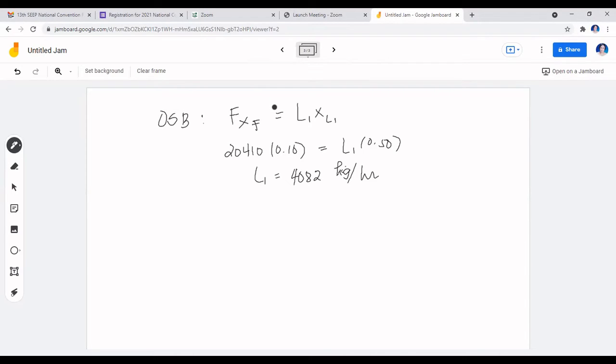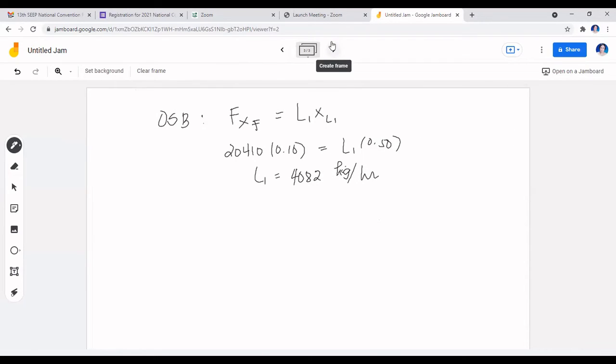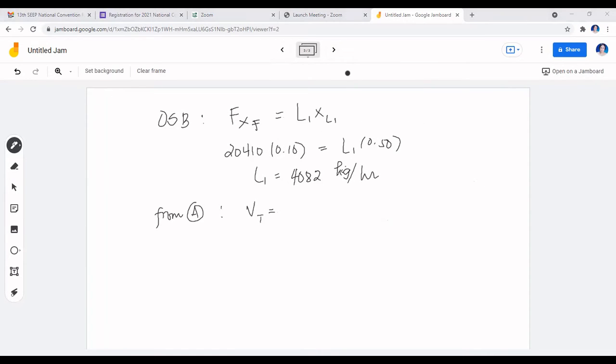Now, I have already the L1. Can we do the balancing for the V total? All you have to do is just substitute from A. So our equation A will give us the total water evaporated. Somebody wrote it in the chat box already, and that's 16,328 kilogram per hour.